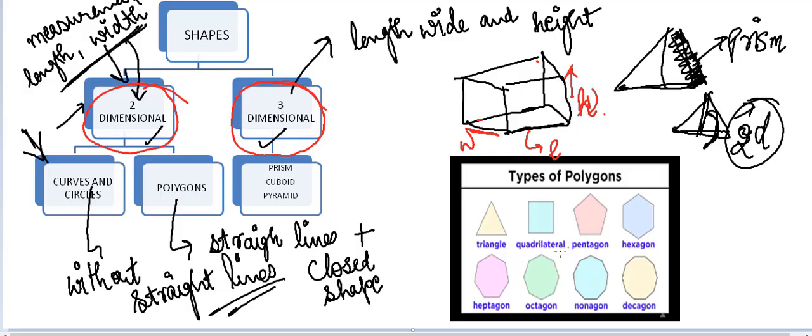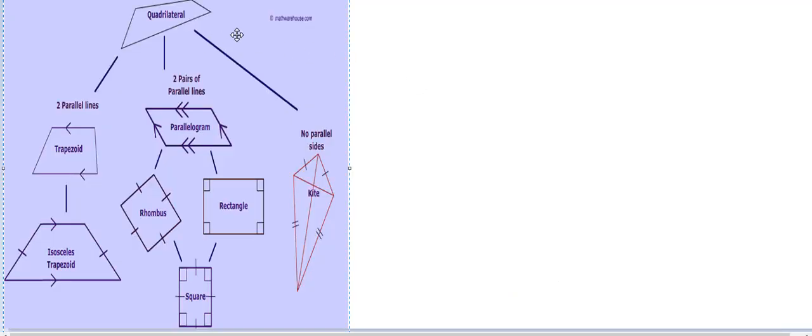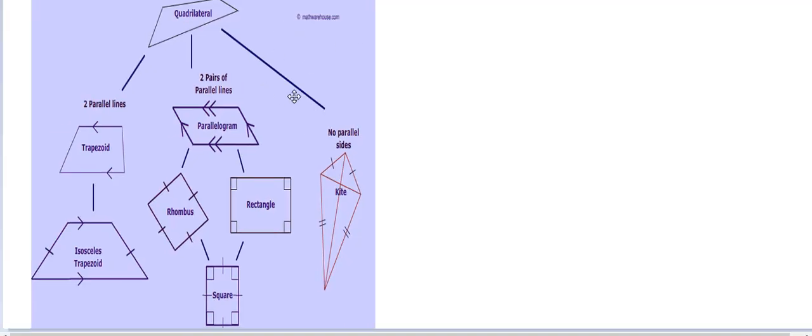Now let us understand what is a quadrilateral. Basically, quadrilateral is a shape. So this is basically a quadrilateral.